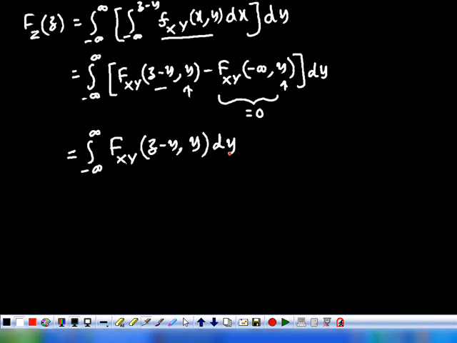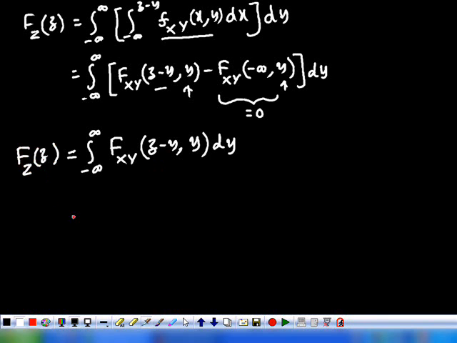We are integrating with respect to y, so after integration it will become a function of z. So the left hand side is a function of z, and the right hand side is also a function of z. So this is the distribution of the random variable Z.